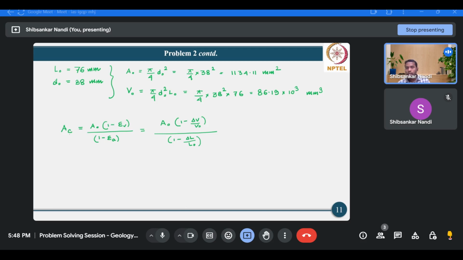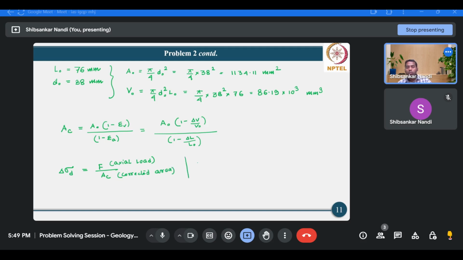Once we know the corrected area, we can calculate the deviatoric stress simply by dividing the axial load by the corrected area. So this is the axial load and this is the corrected area.